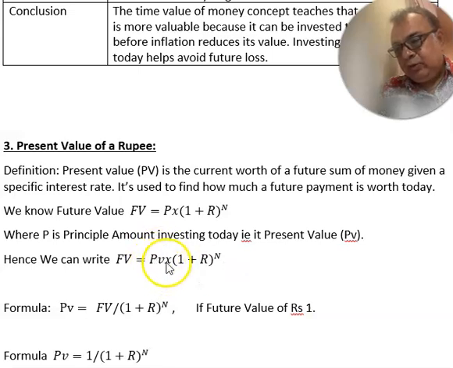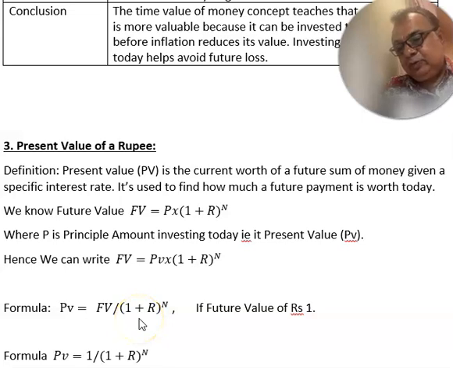Now we want to calculate the present value. To calculate present value, this (1 plus R) will come below the future value. Present value is equal to future value divided by (1 plus R) to the power N. This is the present value formula.